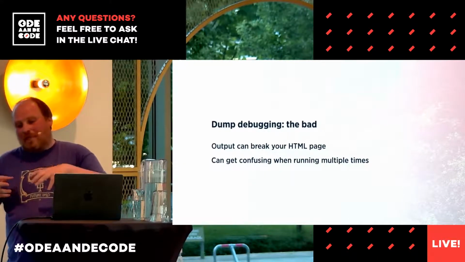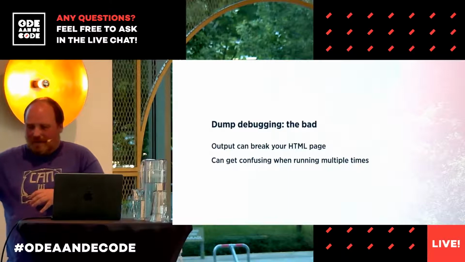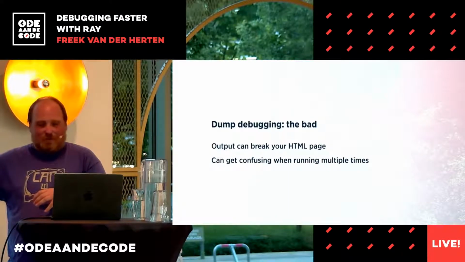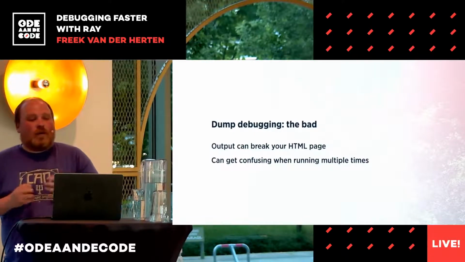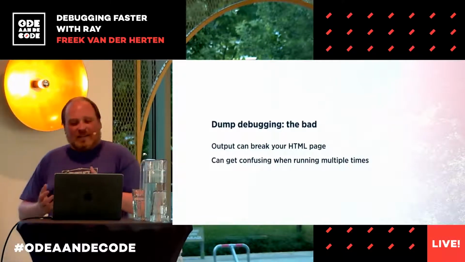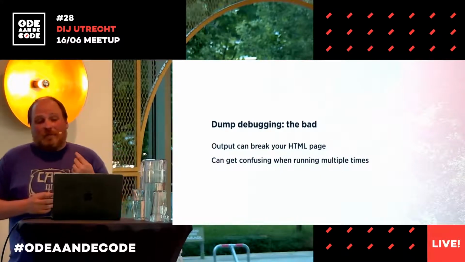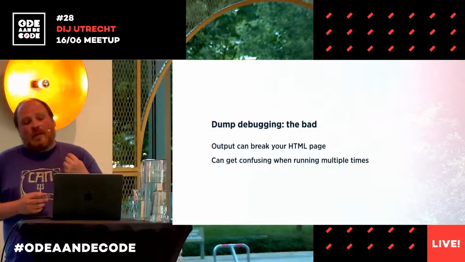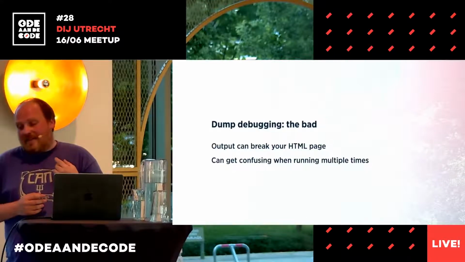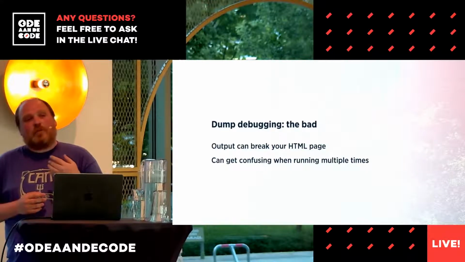The output may be somewhere in a div in the top right corner, or maybe your whole layout would break. It's a little bit cumbersome there, and it can also get a little bit confusing when running code that has a dump statement multiple times.